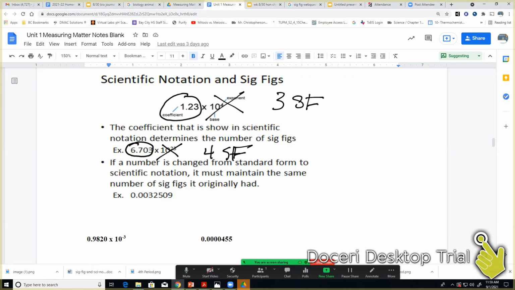If you're moving between the two, you have to maintain the same number of sig figs it originally had. After you've said sig figs 1,000 times, it gets hard. So in other words, if this originally had 5 sig figs, when I put it into scientific notation, it still has to have 5 sig figs.